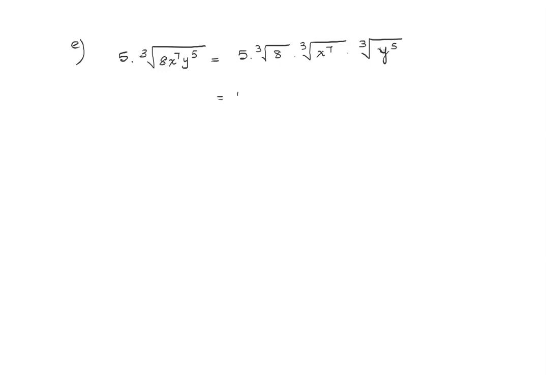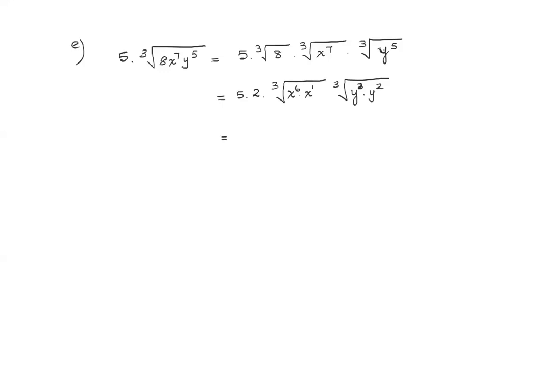So we know that cube root of 8 is 2. Now I'm going to break this x to the power 7 into x to the power 6 and x to the power 1, because 3 goes into 6.